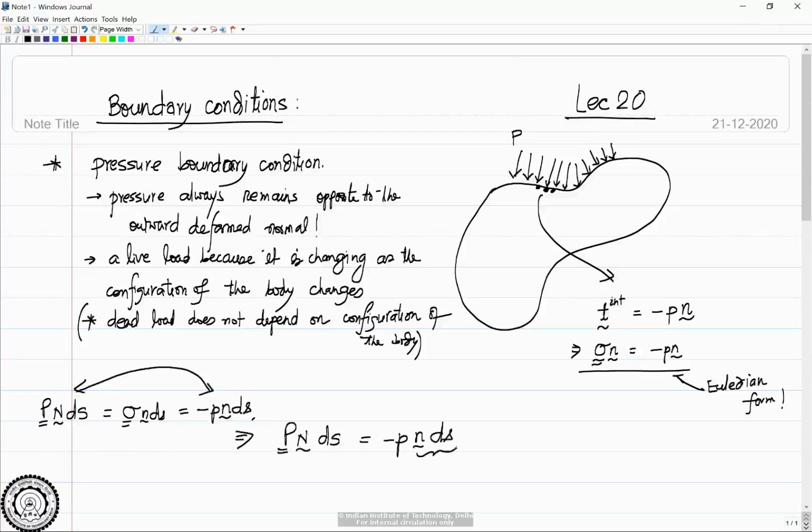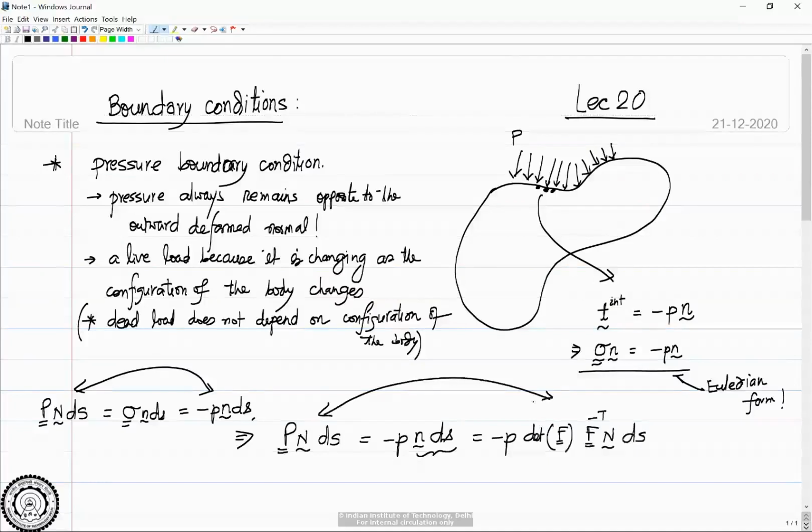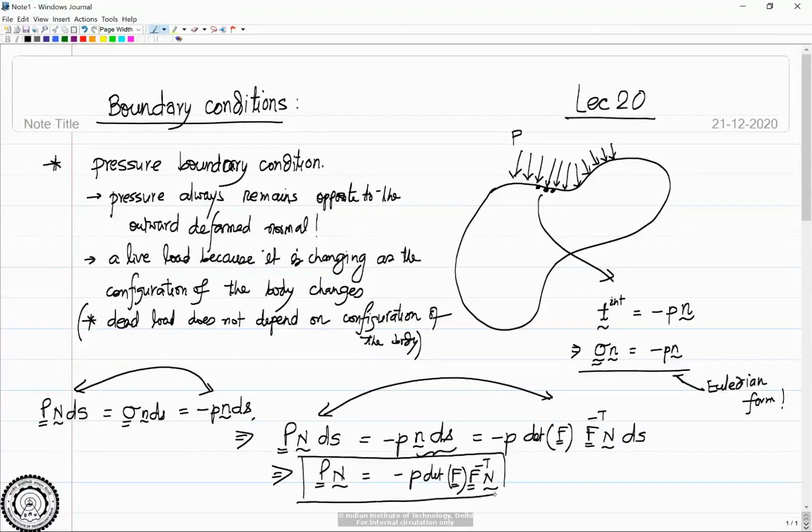And now you can use the surface transformation formula to say that n d small s is equal to det F into F inverse transpose into capital N into D capital S. Okay, and when you compare these two, you will just see that P into big N is minus p into det F into big F inverse transpose into big N. So this is your Lagrangian boundary condition.